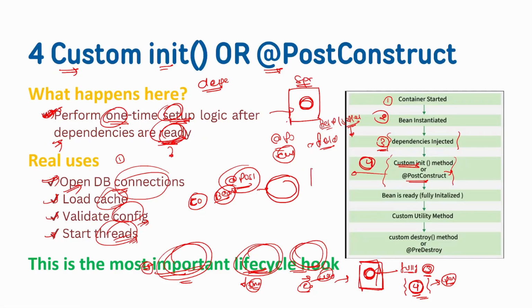So if we do the injection with setter injection or field injection and we want to use the dependencies, this lifecycle hook is best, because at this point our bean is completely ready after the dependency injection. So that's why it is the best time to do this.